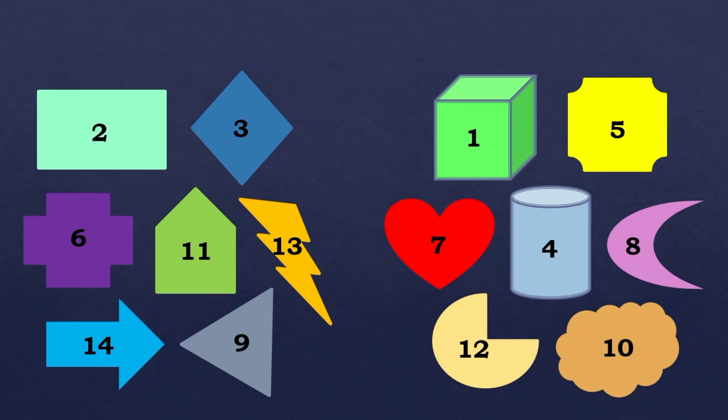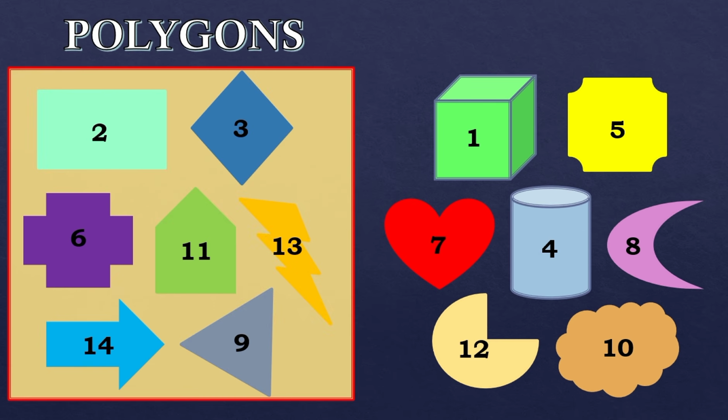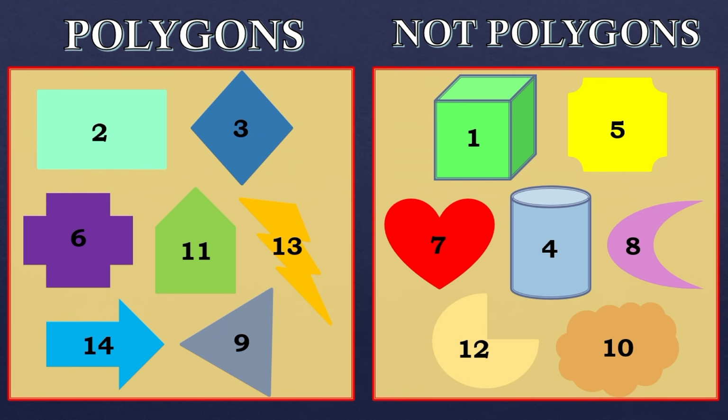From the given sets of shapes, which group do you think are polygons and which are not? So these are polygons and these are not polygons.